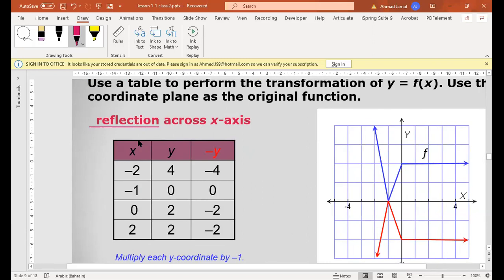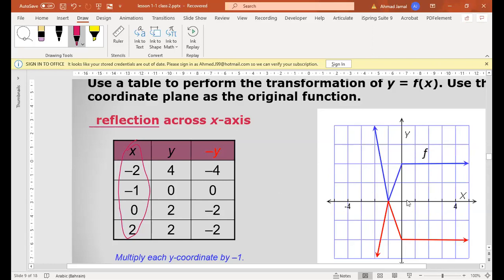X-axis, so x is still as it is. What is the change here? I will change the sign for y. Only change the sign for y. So -2 stays as it is. The new ordered pair for it will be -4. Okay, and I can use the diagram.